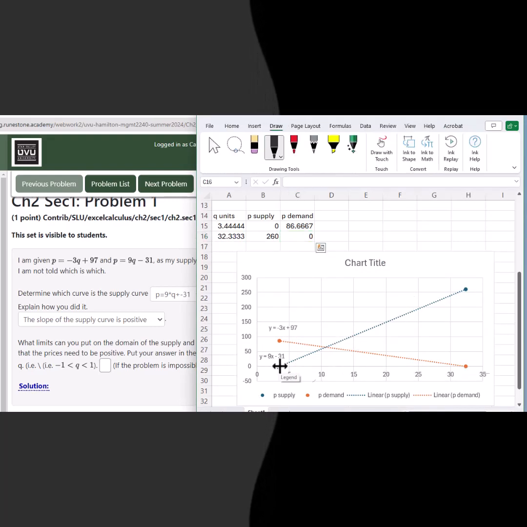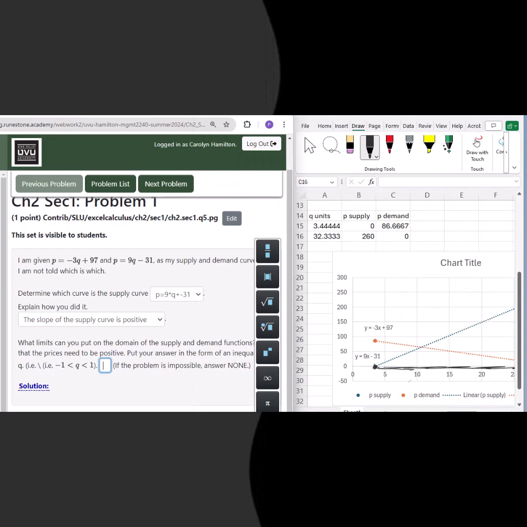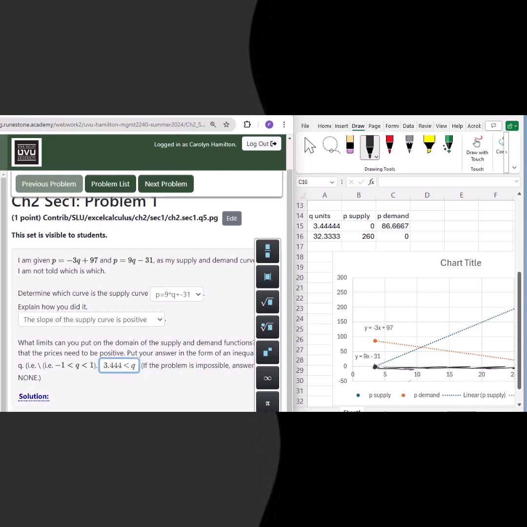So the minimum number of units would happen when the supply function hit 0 at a value of 3.44. And then you could have up until the demand function hit 0 at a value of 32. So to enter it in, 3.444 has to be smaller than the number of units, which in turn has to be smaller than 32.333.